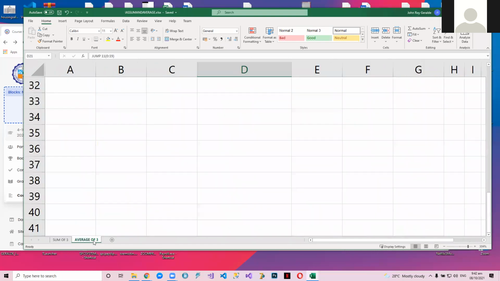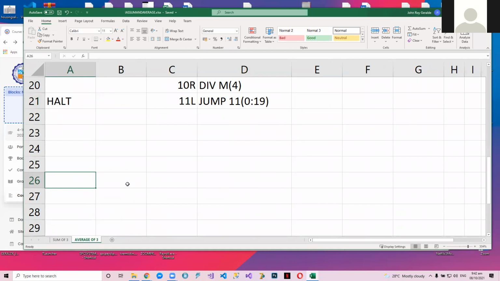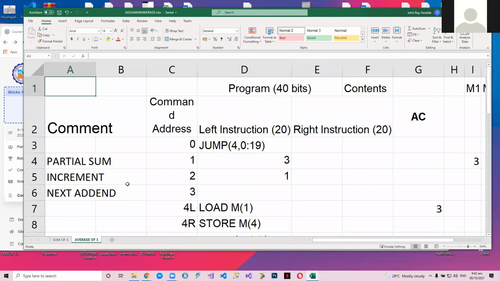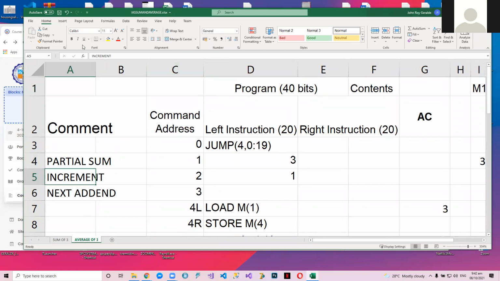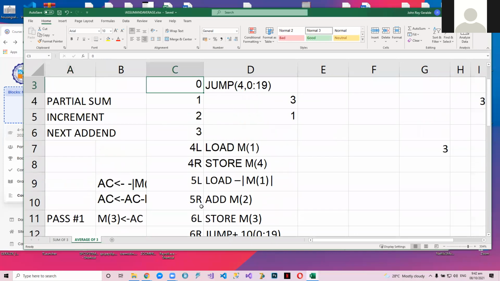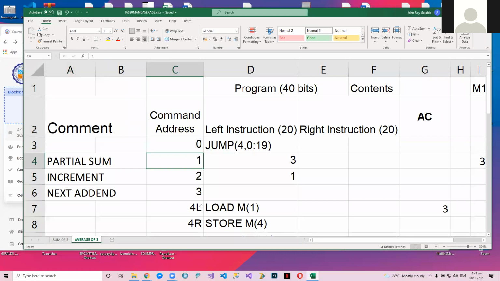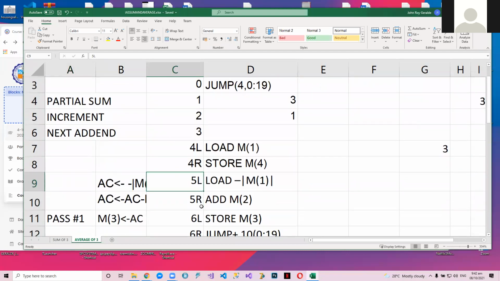So anyway, what we'll do is we are going to insert, no? Therefore, we are also going to change the numbering of our command addresses. Okay, because we are going to insert, no? This is no longer M4, I'm sorry, no?